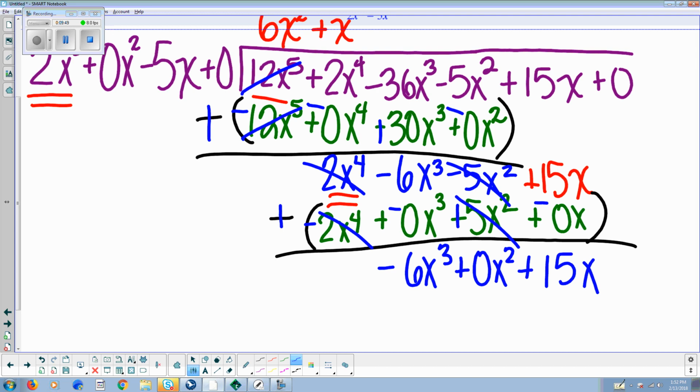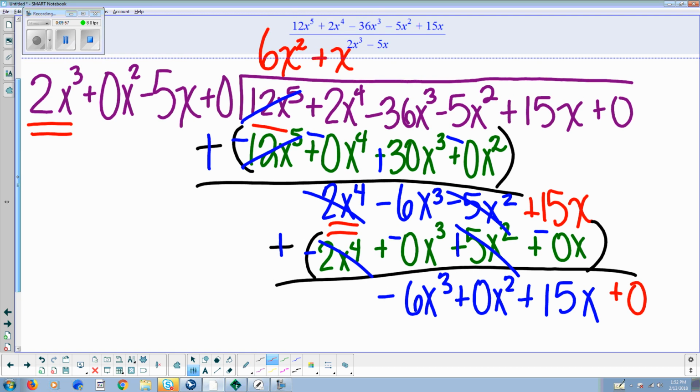Bring down the last term. Bring down 0. Okay? We're going to do this one more time. What can I multiply by 2x to the 3rd that will equal negative 6x to the third? Well, 2 times negative 3 would be negative 6, and I don't need to change my power at all.